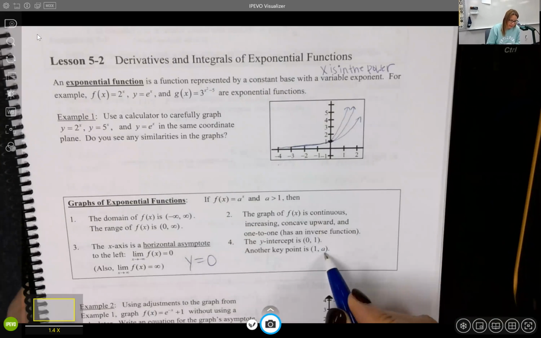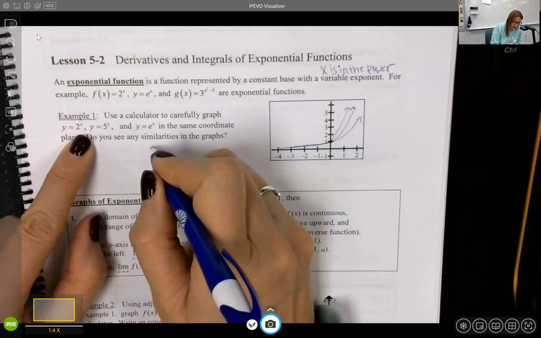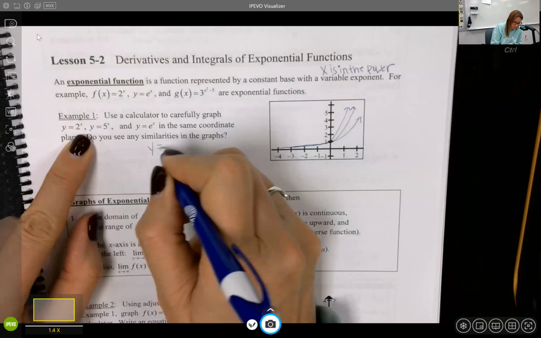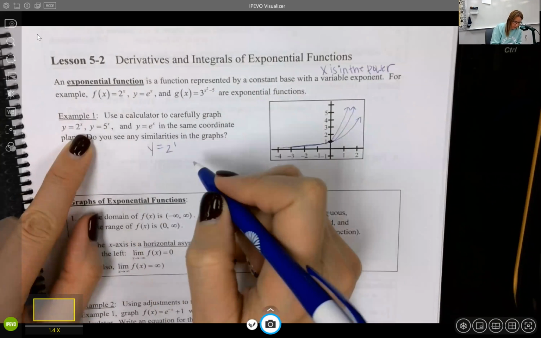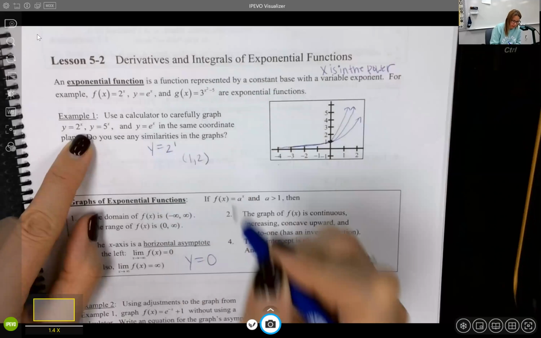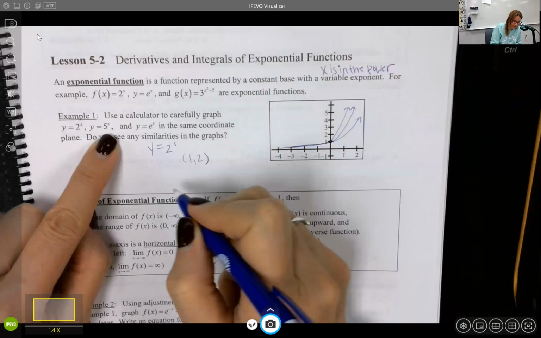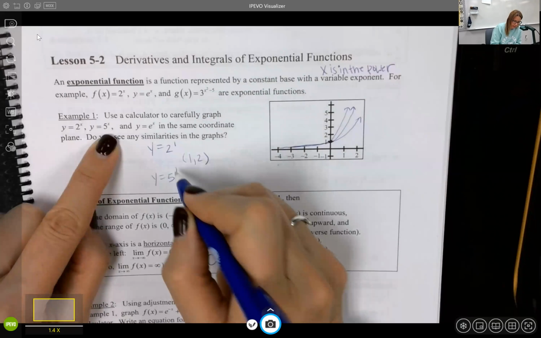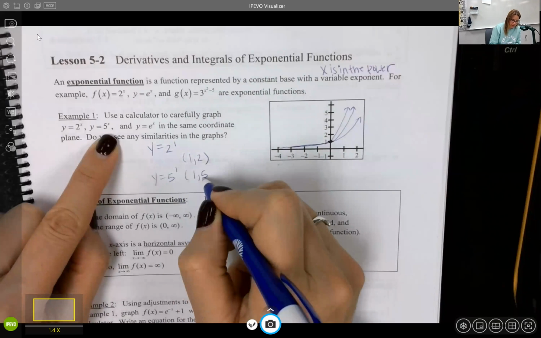So on this one, if I plug a 1 in here, I get 2. So my ordered pair would be (1, 2). If I plug a 1 in here, I get 5. So my ordered pair is (1, 5).